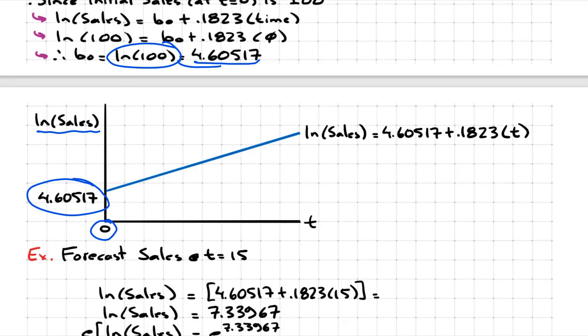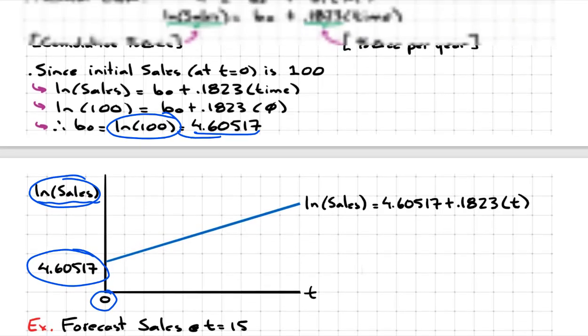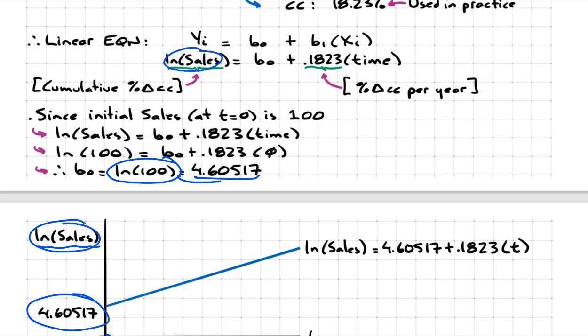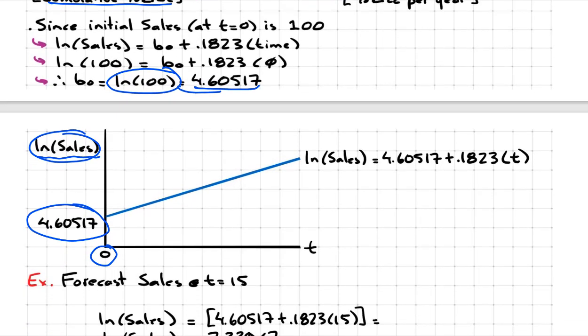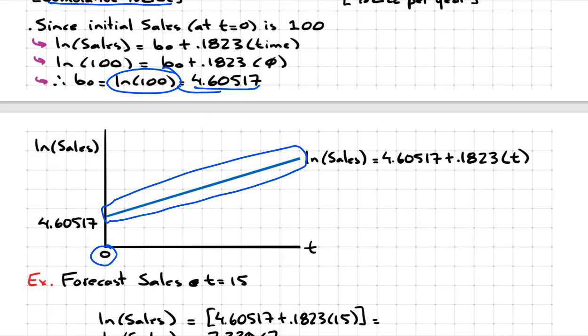But now, because you're plotting the percentage change in sales, remember, and I remind you again, ln of sales is the cumulative percentage change in sales. And since the percentage change in sales is constant each year, you get the linear line, and there it is. So now we can write the entire expression for this line.